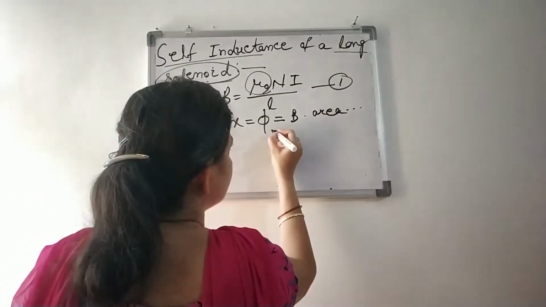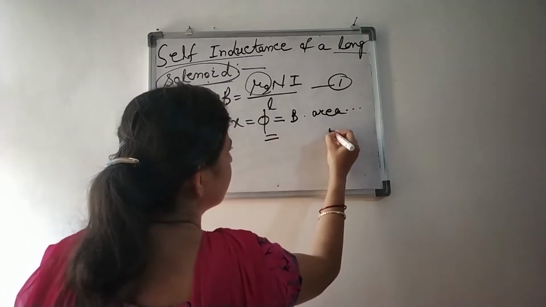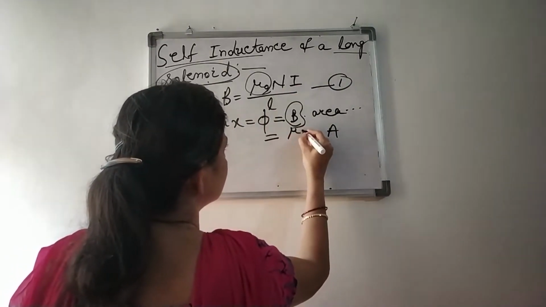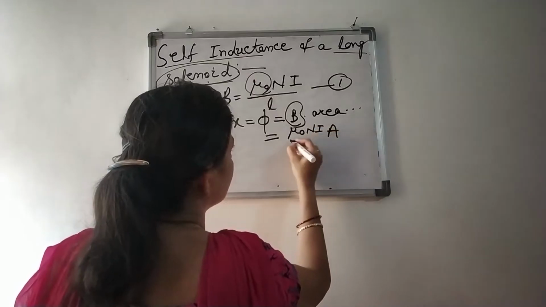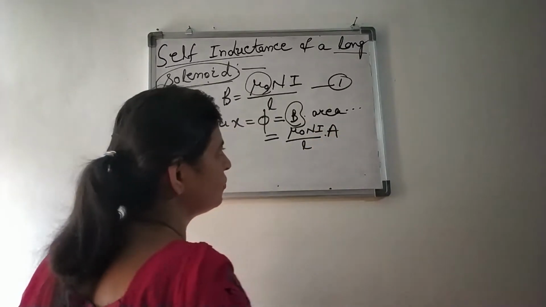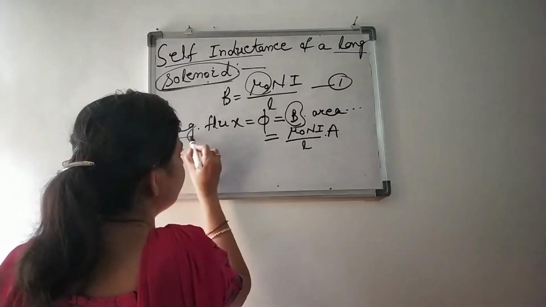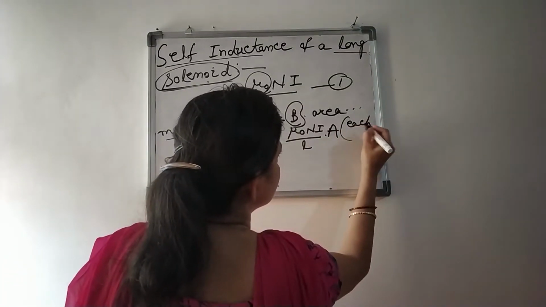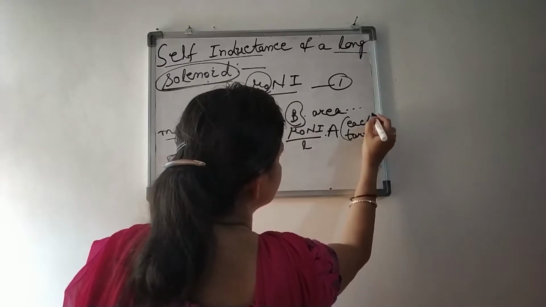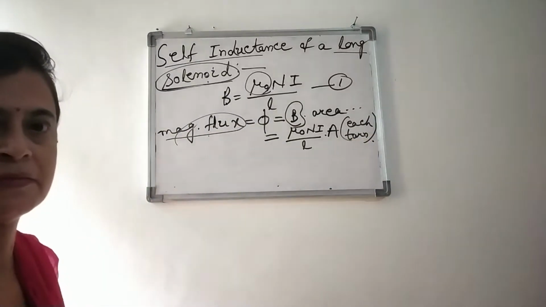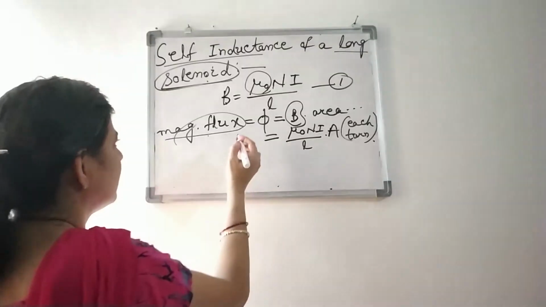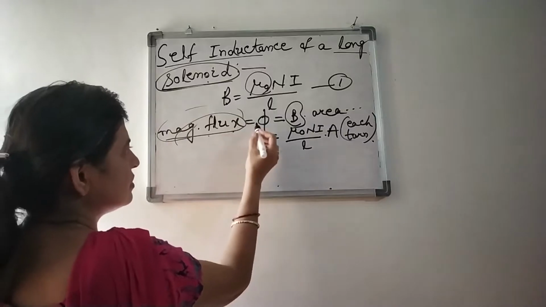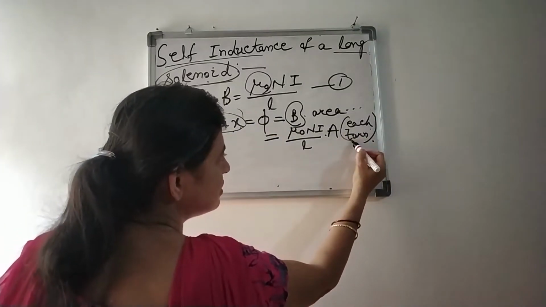Suppose the area is denoted by A. Put the value of B from equation 1, that is mu naught N I divided by L, into A. This is the magnetic flux for each turn. Clear?